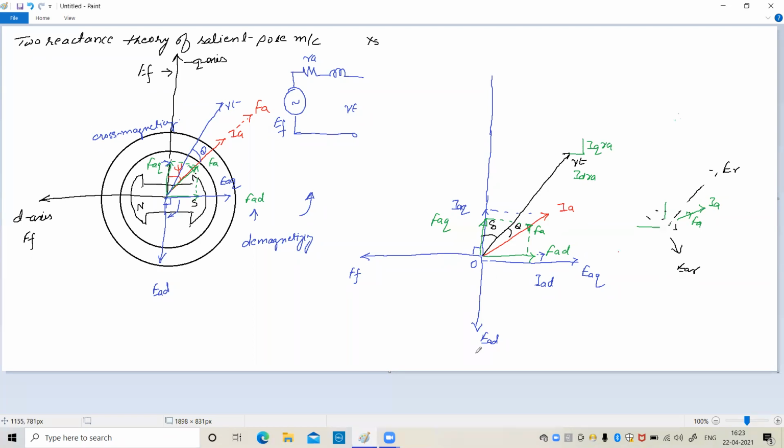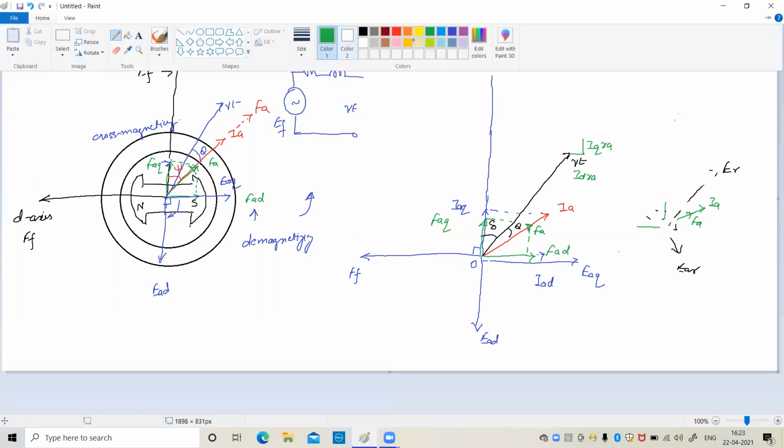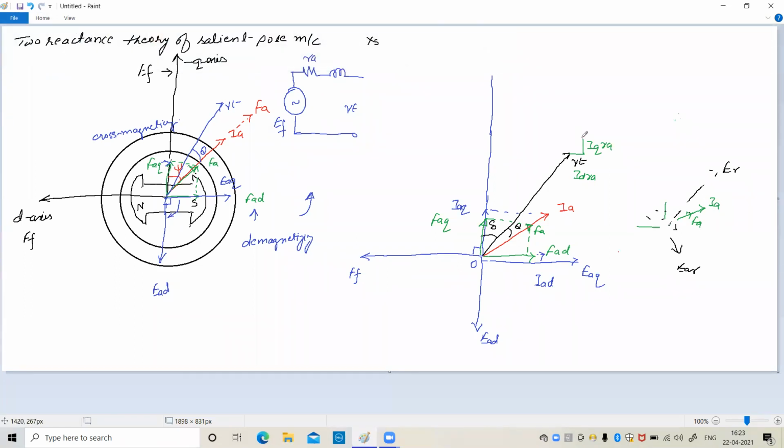Now after this we can add this voltage. I am adding again with different colors. This is the voltage; we can write it as EAD, and EAQ will be here. So these are the directions, and this is your EAQ, and therefore the total voltage is EF.